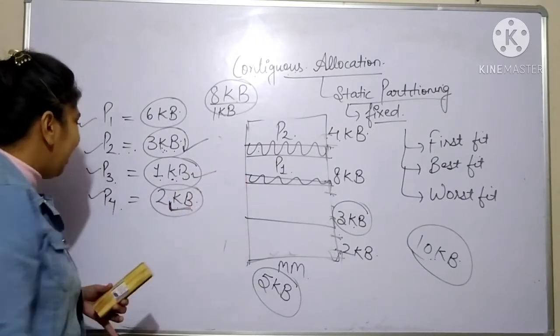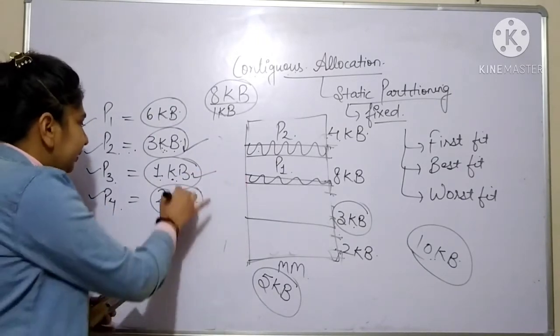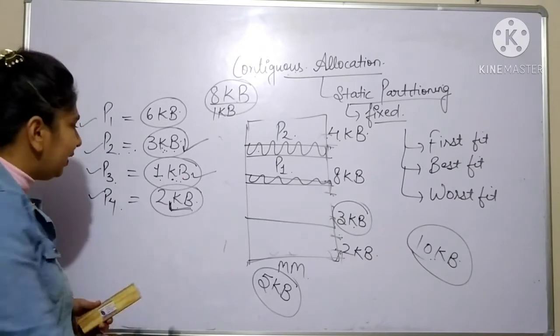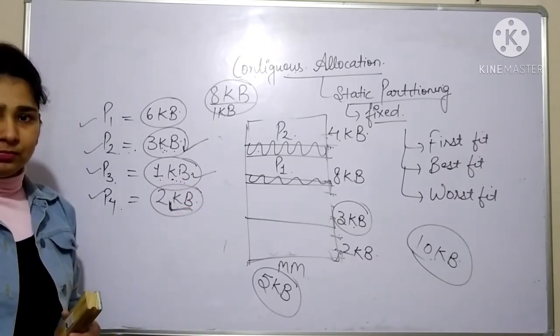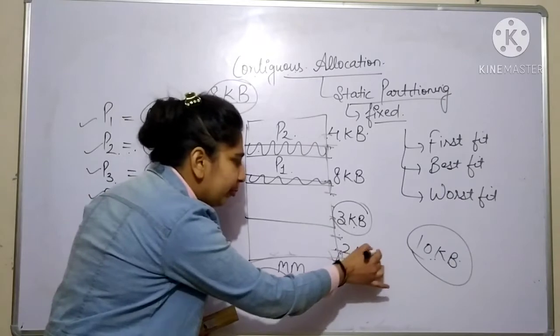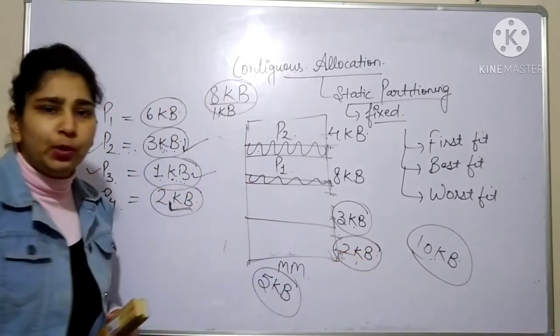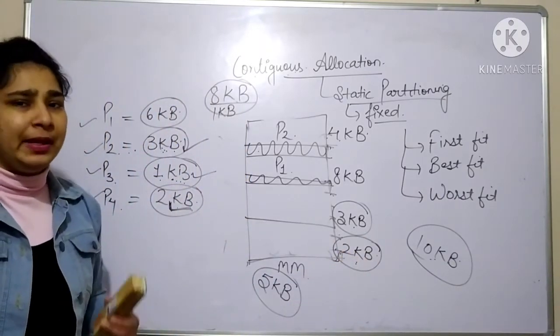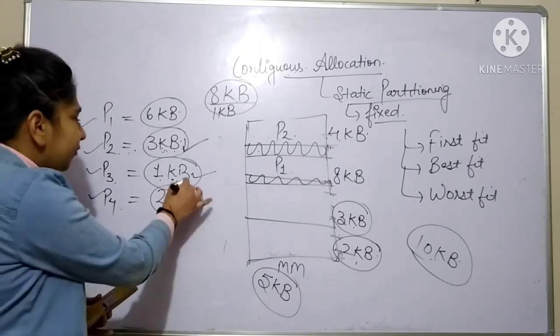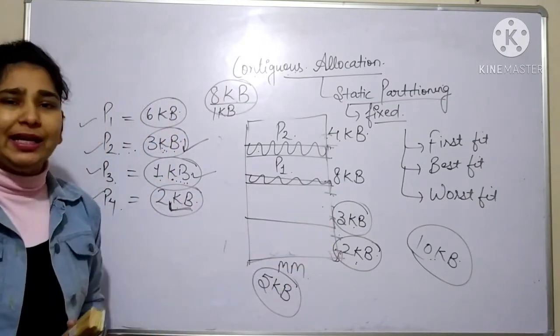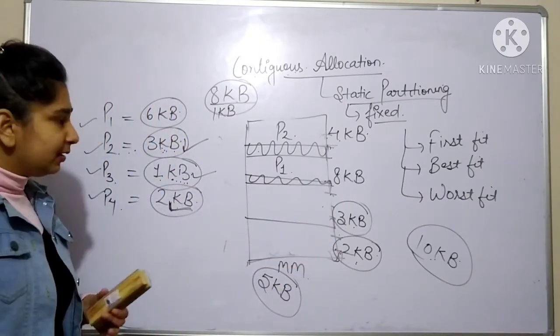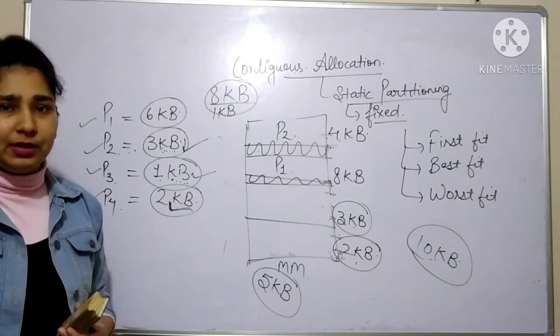Next, I have process P3. The size of this process P3 is 1 kb. If I store my 1 kb process in 2 kb, only 1 kb is going to be wasted. If I store 1 kb in the 3 kb partition, 2 kb is going to be wasted.